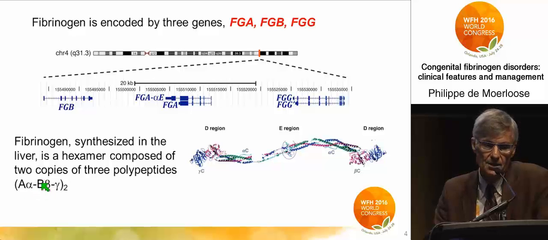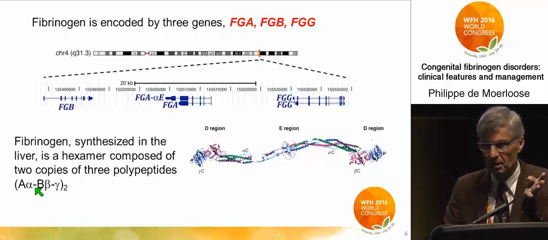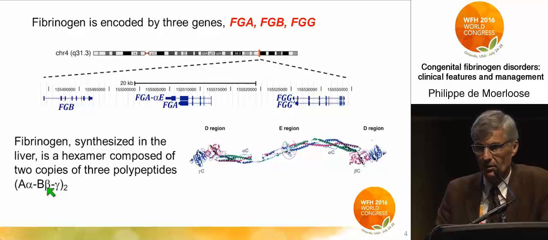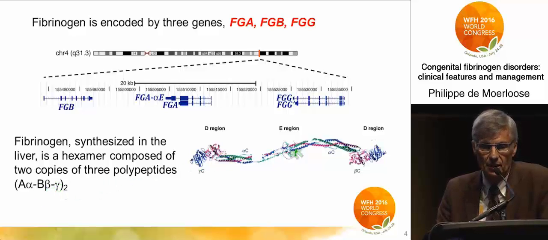The reason why it's A and B is that we retain it until the fibrinopeptide is cleaved; after that we call them only alpha, beta and gamma. You see that that's called the E region. It's the N-terminal part of the molecule, of the three chains, and the D domains are the C-terminal part, and there is something very flexible here, which is called the alpha C region for the alpha chain.